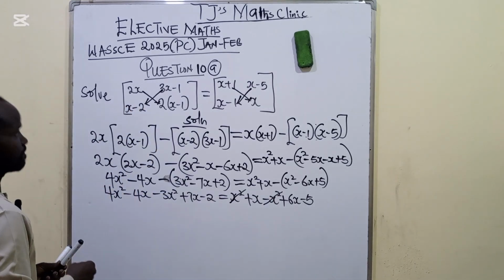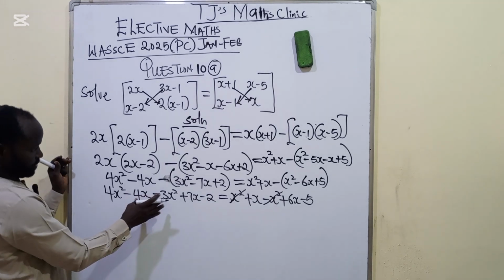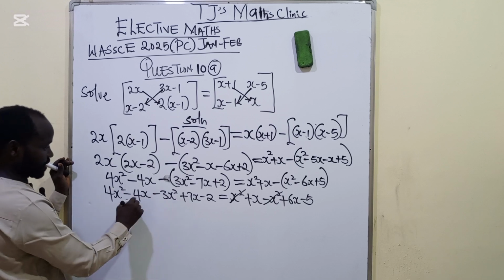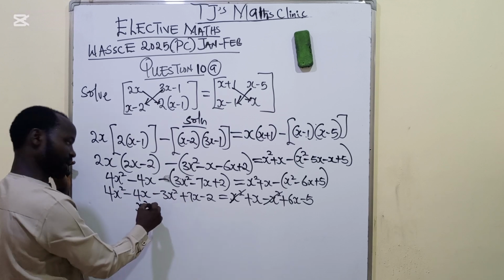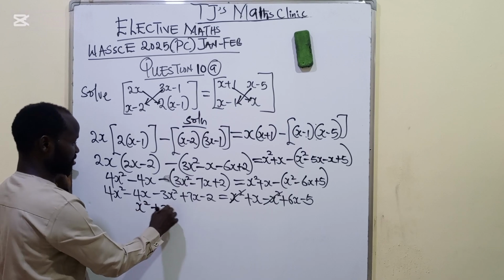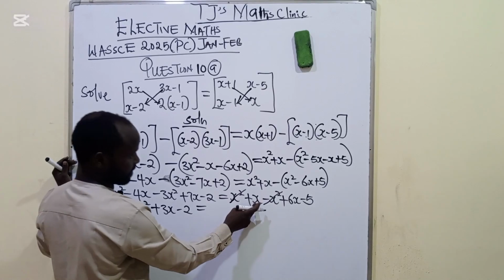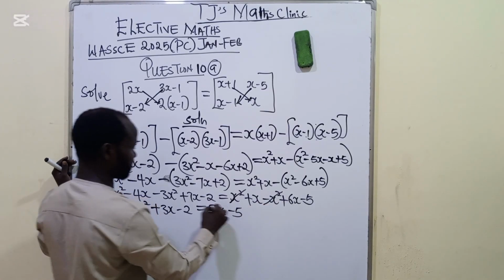Very important. On the left, 4x squared minus 3x squared will be x squared. Minus 4x plus 7x, that will be plus 3x. Minus 2 equals plus x plus 6x, that will be plus 7x minus 5.